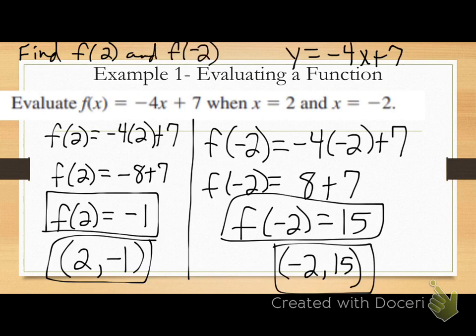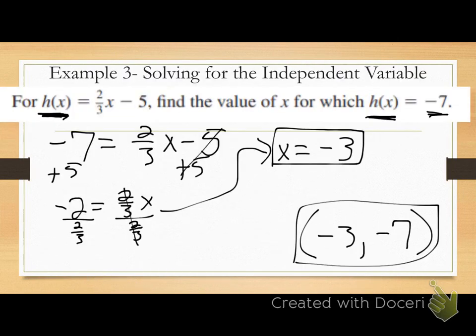That would mean the same thing as what it's asking you on this problem. Does that make sense? Because they replaced their x value with 2 here, so I've got to replace my x value with 2. I replaced my x value with negative 2, so I've got to replace my x value with negative 2. That'd be the same thing. Okay? Any questions on example 3?